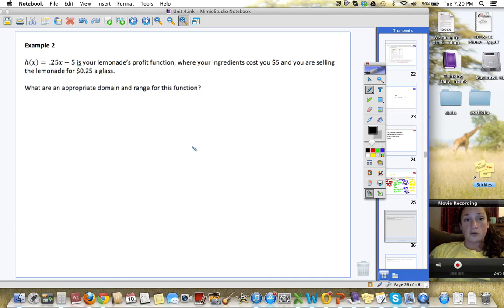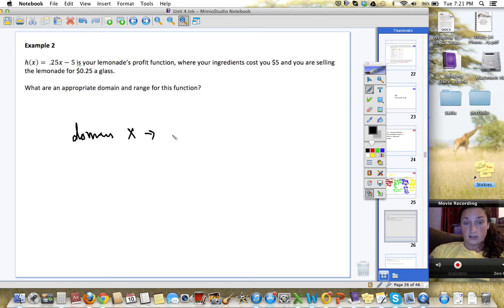So where we're starting, our domain is going to be our x values, right? So my x values are going to be right here, 25 cents times, this is how many glasses, right? So 25 cents times a glass, and I'm minusing that $5. So my domain value, if I can't sell negative glasses, right?